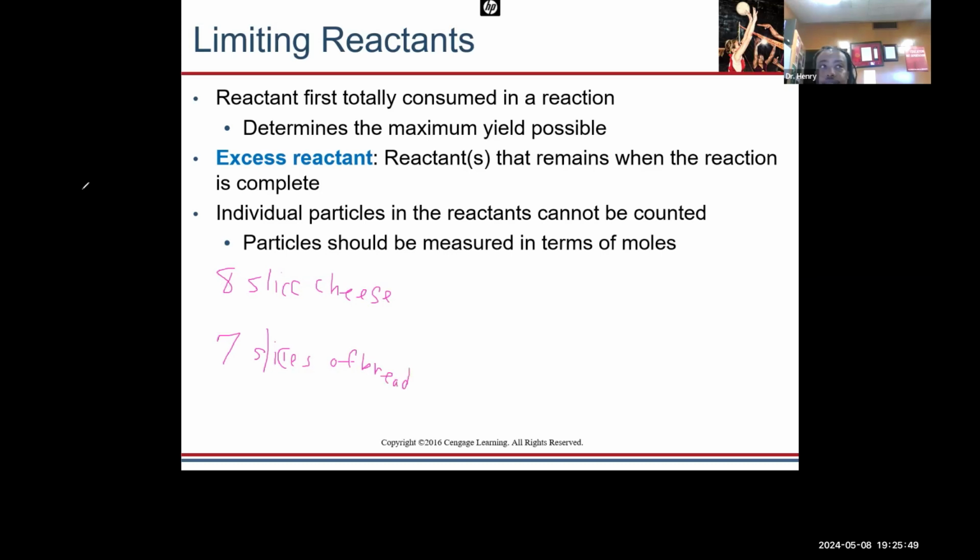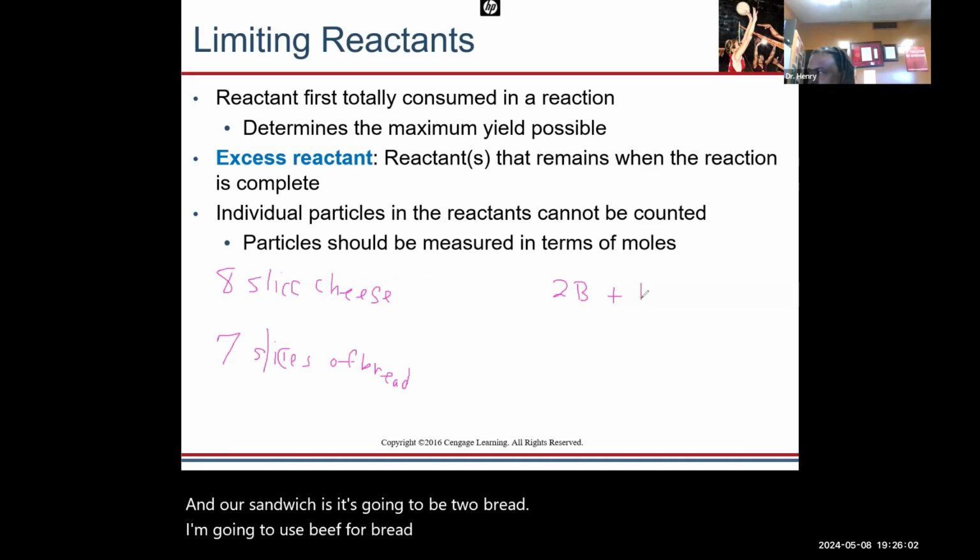Our sandwich is going to be 2 bread, I'm going to use B for bread, plus 1 slice of cheese, so 1C, and that's going to give us our sandwich.